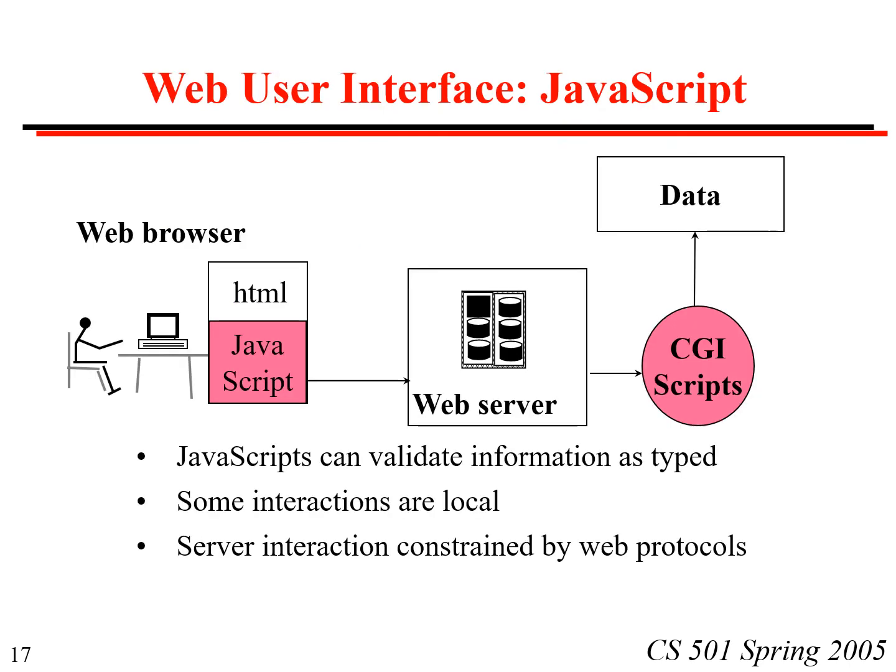Now coming to the web user interface of JavaScript. Now this is the web browser again, working on HTML and JavaScript. You can see again that data is taken from the web server, and on the web server side in the background, the mediator or middleware is CGI scripts extracting data. Now JavaScript can validate information as typed. Whatever work this web browser or client is doing as a client request will be encoded in the form of a script language.